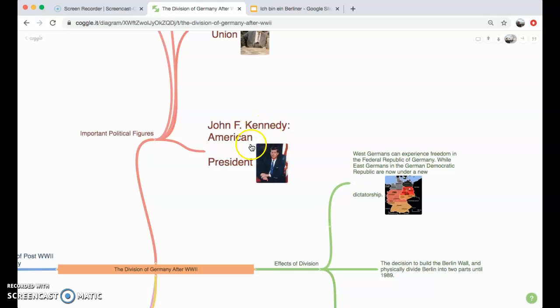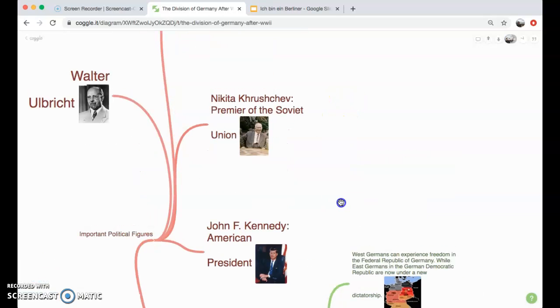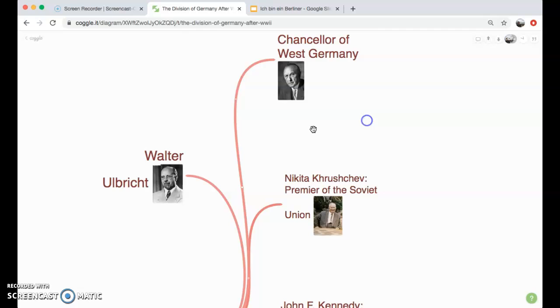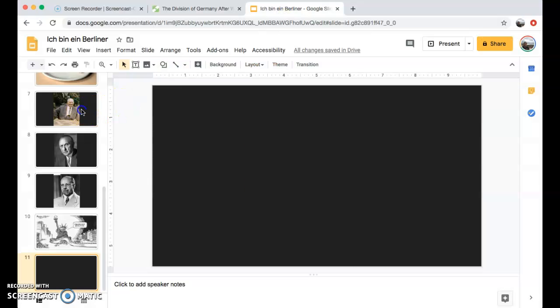John F. Kennedy, who was the American president at the time, Nikita Khrushchev, who was the premier of the Soviet Union, Konrad Adenauer, who was the chancellor of Germany, and Walter Ulbricht, who was the premier of Eastern Germany. Now, moving on to our slideshow presentation.